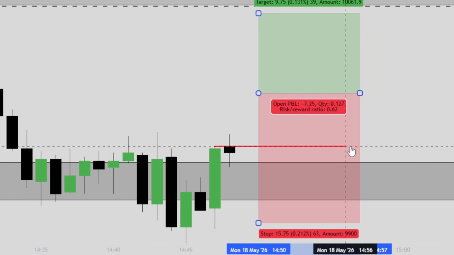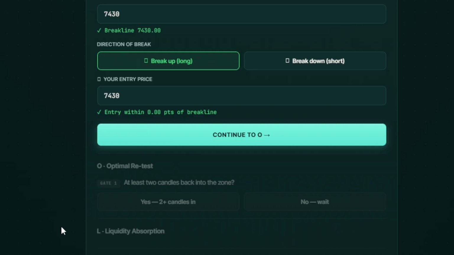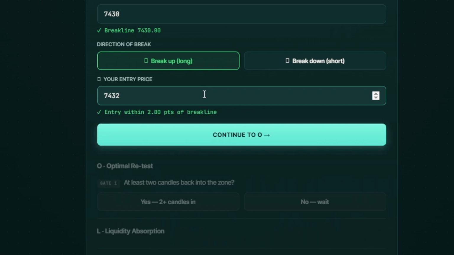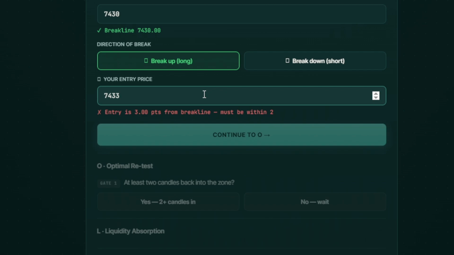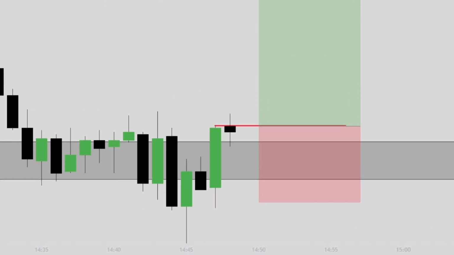So if this is 74.30, your entry price should not be more than 2 points away. So 74.32 is fine. 33 is too long, 35, 36. You only want it to be within 2 points. So 74.32 is what the system allows, right? So if you're trying to enter at 33, 35, 37, 39, it will not let you. The system is prompting you to enter accurately based on the breakout model.